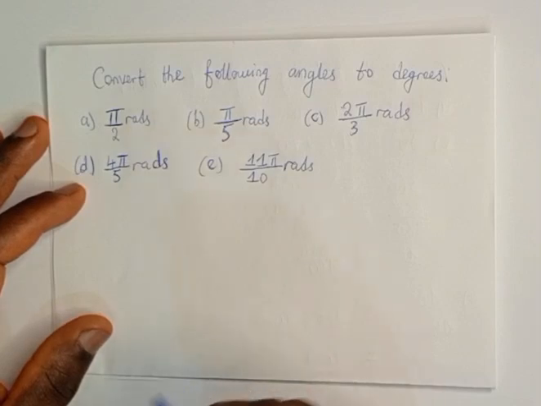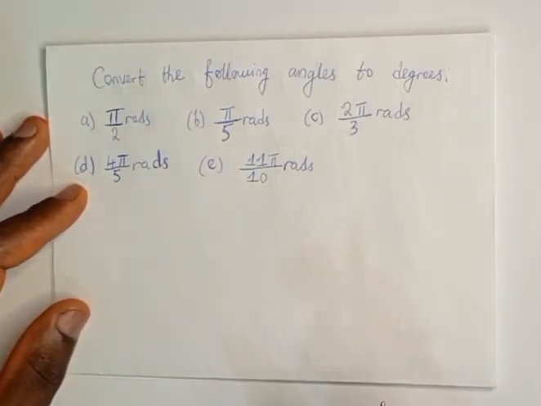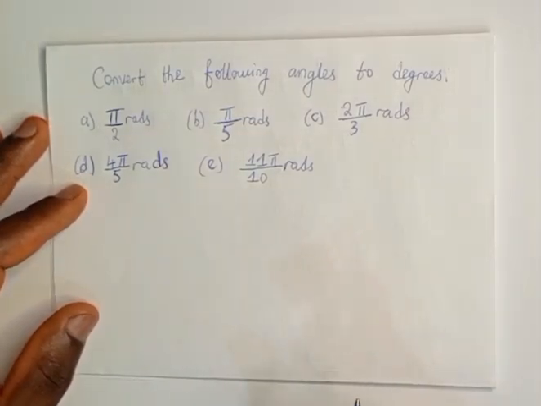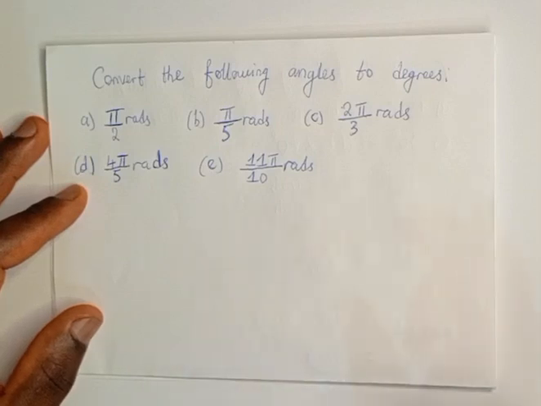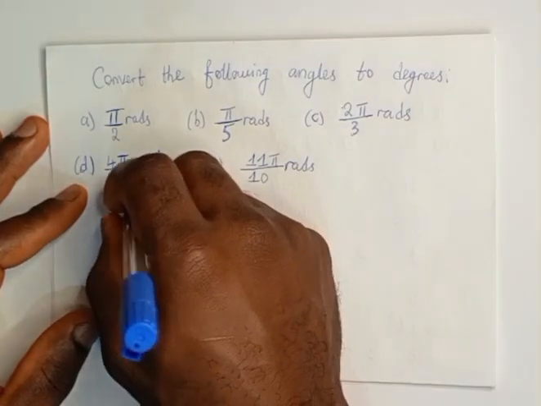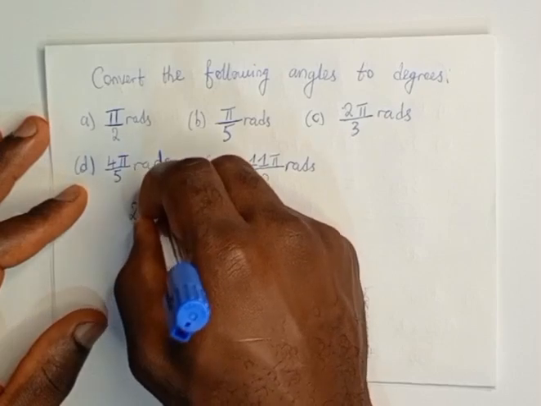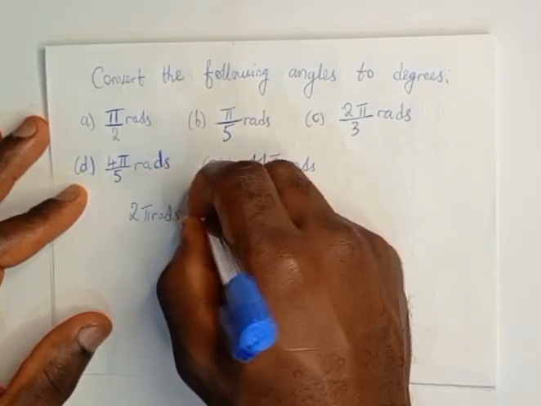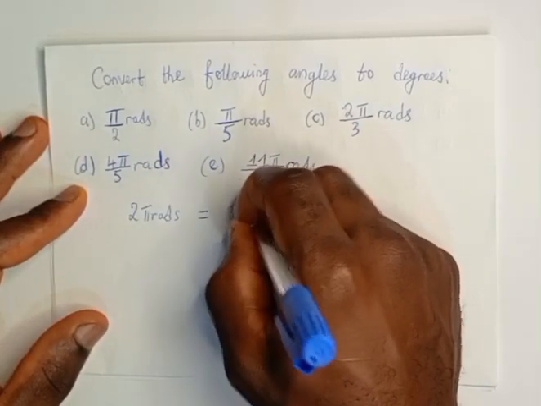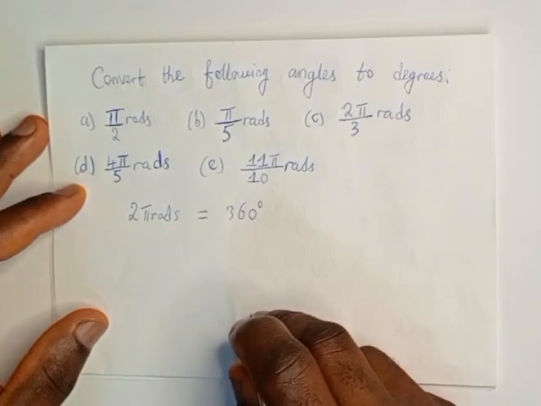We know one complete revolution, 360 degrees, is equal to 2 pi radians. It is the same as saying 2 pi radians is equal to 360 degrees.